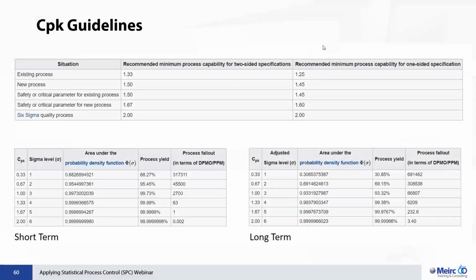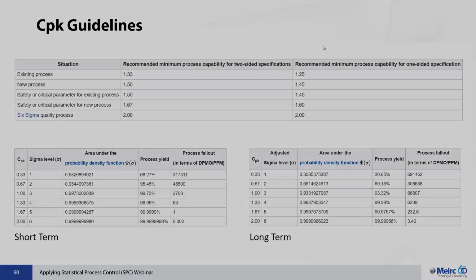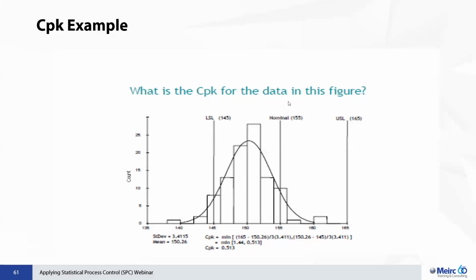Let me show you here also. For example, here's what is the CPK for this data. You can see this is my chart, right? The green one. What is my target? The target here, the customer wants, is 155. Upper specification limit is this one, lower specification limit.